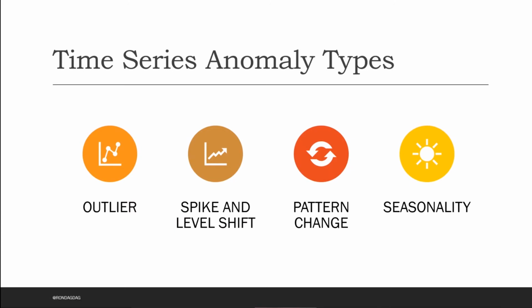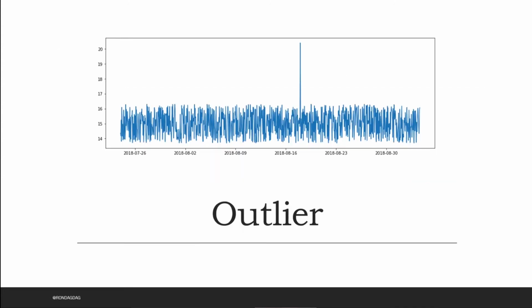Of course, there's different types. I'm gonna focus more on the time series data anomaly types, meaning there's two variables: time and then your data, right? So there's different types: outlier, spike, level shift, pattern change, and seasonality.